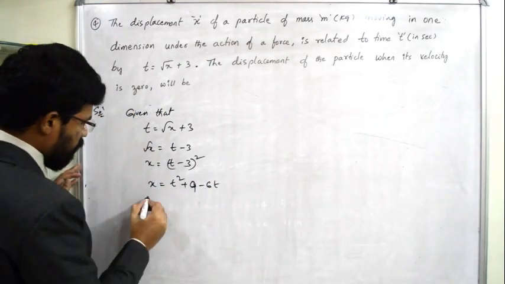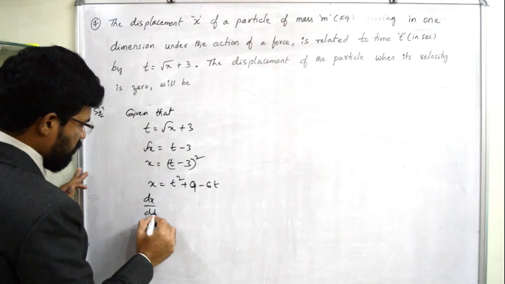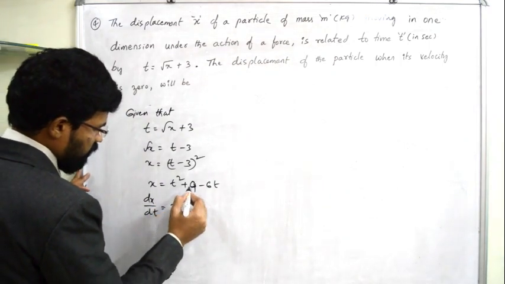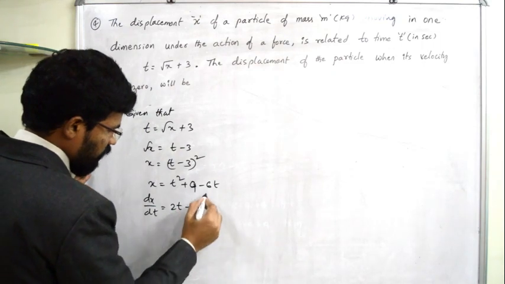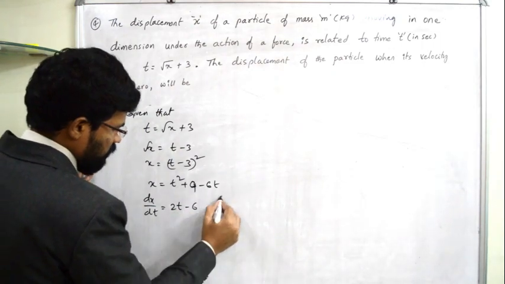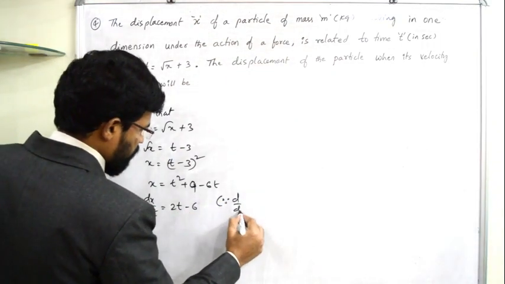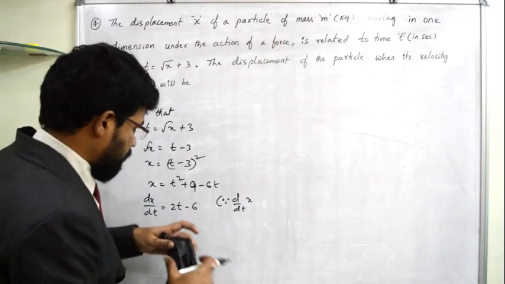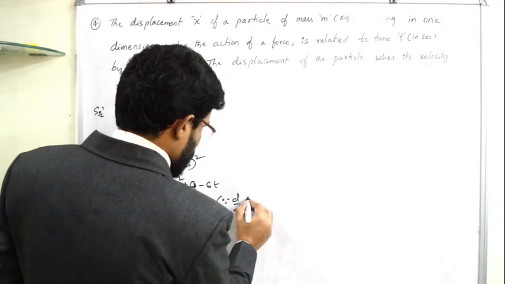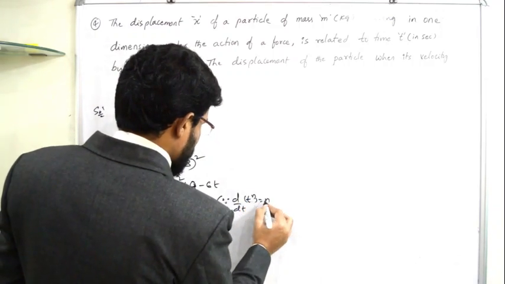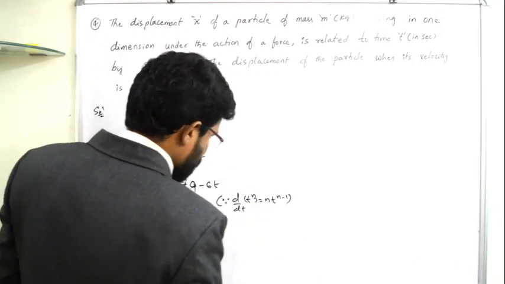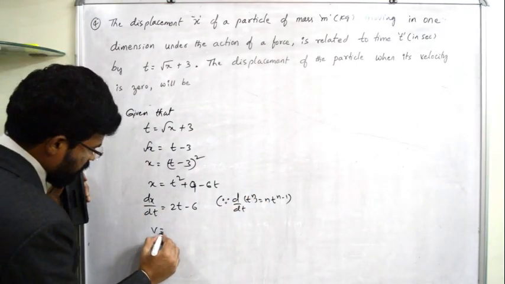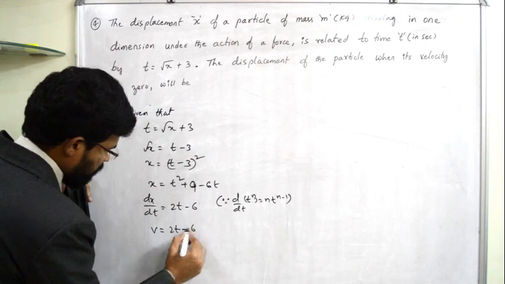Now I will differentiate on both sides. dx by dt is equal to d by dt of t square, which is 2t. d by dt of any constant is 0, minus d by dt of 6t, which is 6. Since d by dt of t power n is equal to n into t power n minus 1. Using this formula I have written this one, right? And what is this dx by dt? It's velocity. Velocity is equal to 2t minus 6.